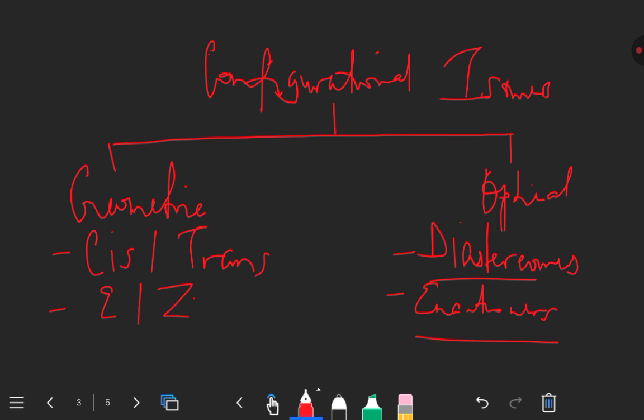So enantiomers are non-superimposable mirror images of each other.